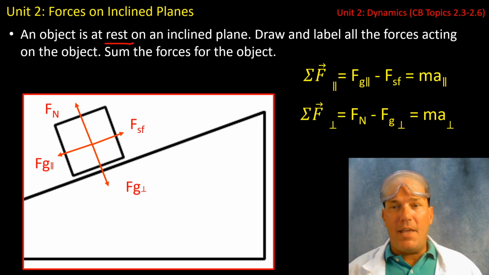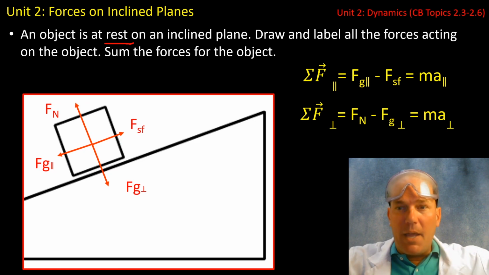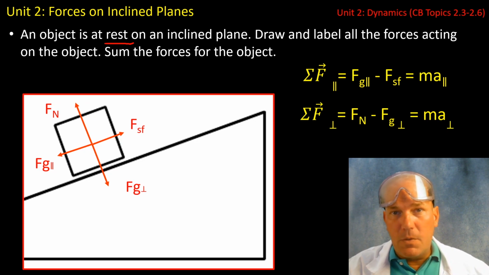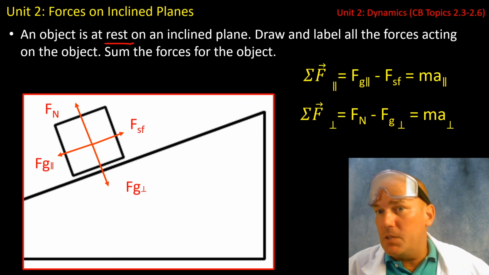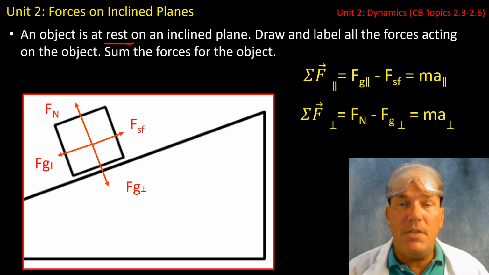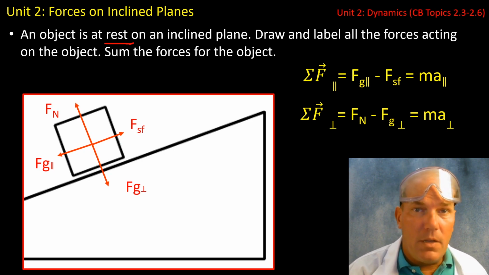Okay? And that's pretty cool stuff to look at as well in both perpendicular and parallel. Likewise, force of gravity parallel is equal in magnitude opposite in direction to the force of static friction, because this object simply is not accelerating in either the parallel or perpendicular direction.